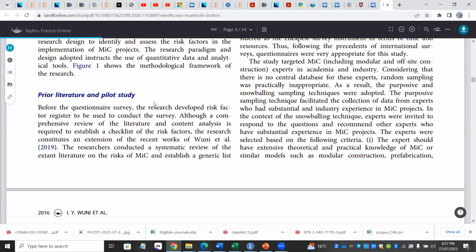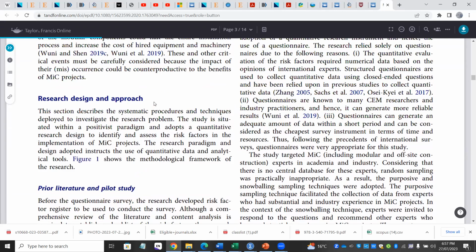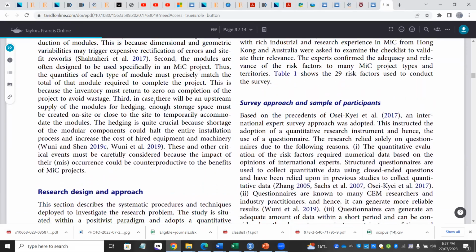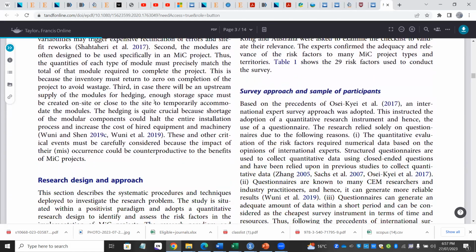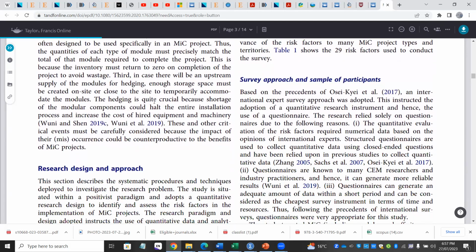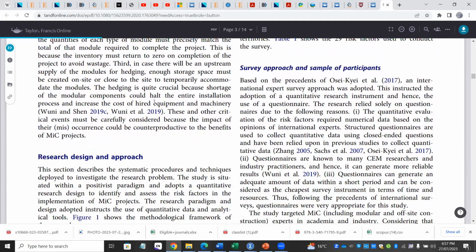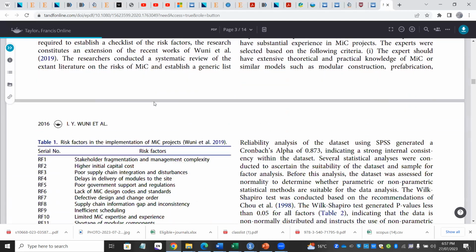So when you distribute the survey and you get your responses from the participants, or you can also choose to call them respondents, as we have done, what you have to do, like what I did with you in the other videos, is some kind of data cleaning. After data cleaning and getting the final data set, the first thing you have to do is conduct your reliability test.